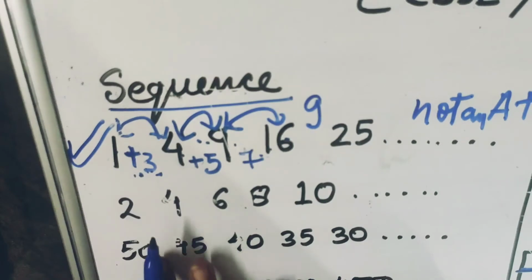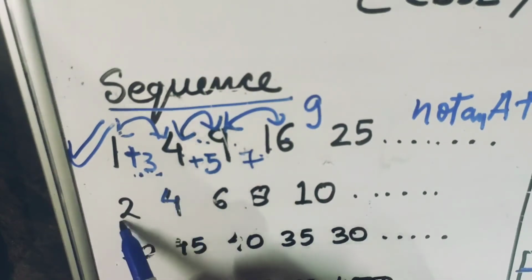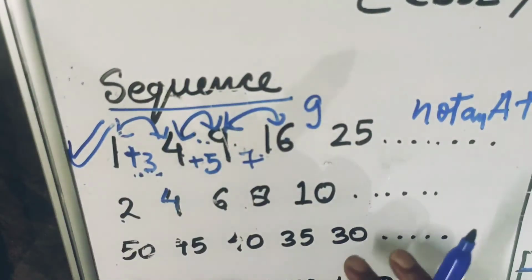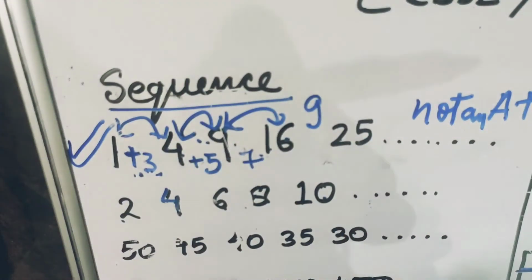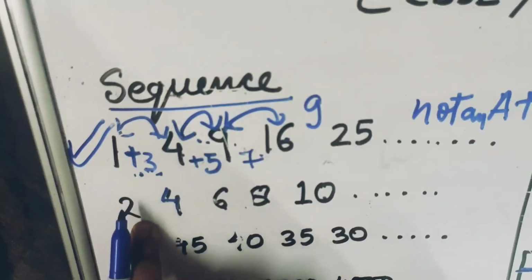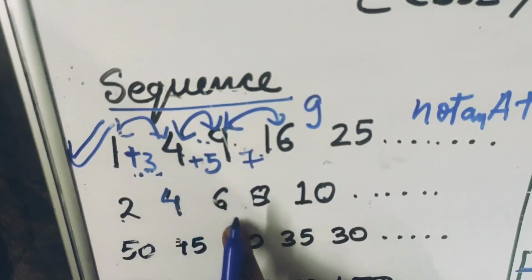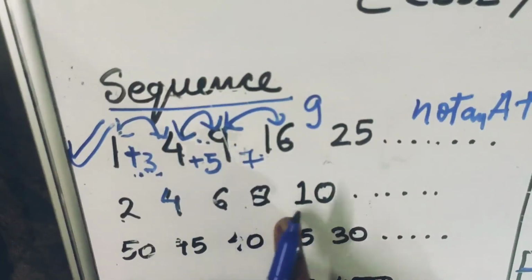Next list of numbers is 2, 4, 6, 8, 10. I have shown the example of a staircase in which bricks were fixed in a pattern. First staircase had 2 bricks, second had 4 bricks, then 6, then 8, and then 10 bricks.